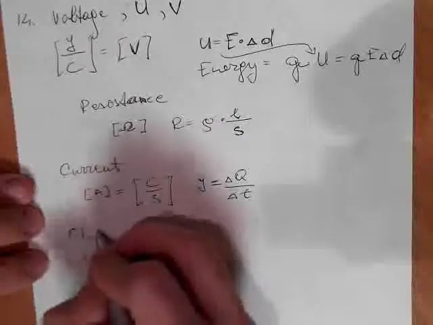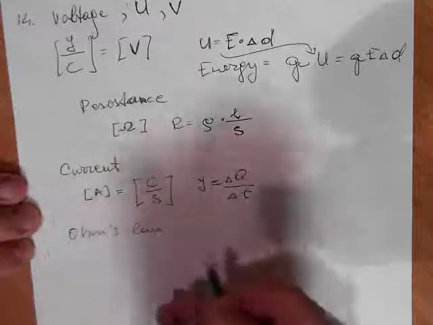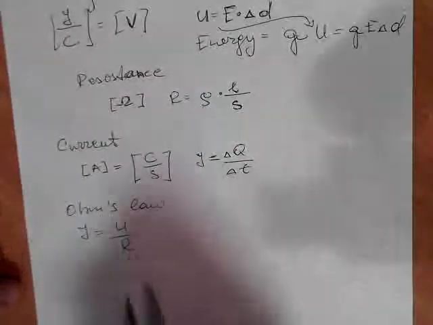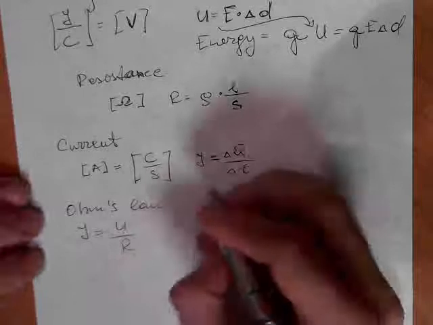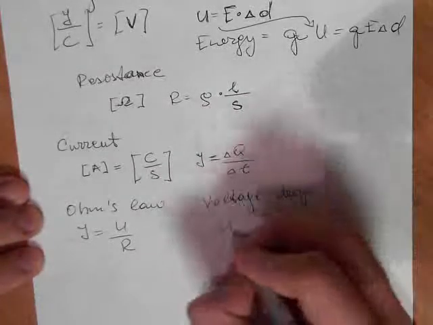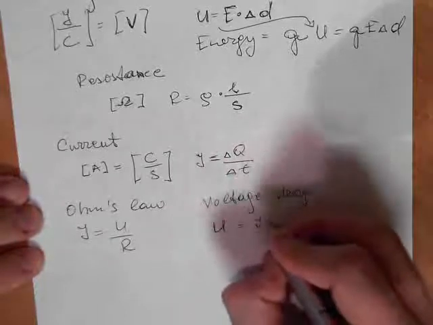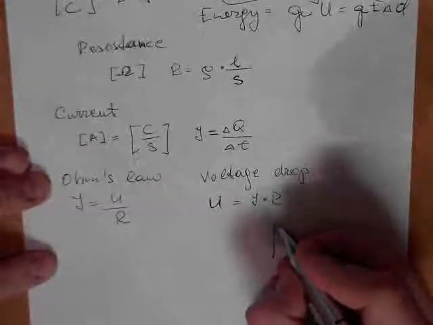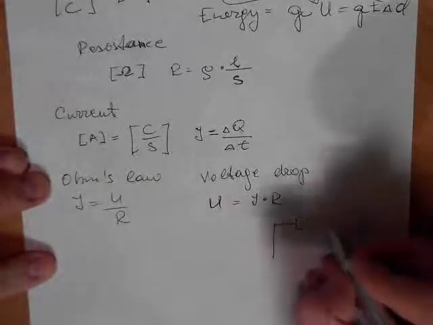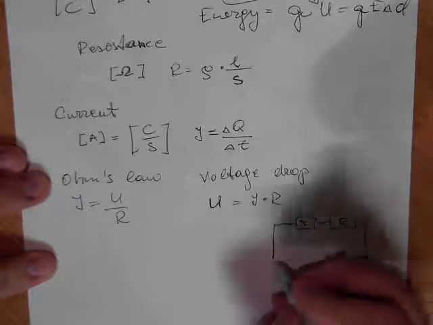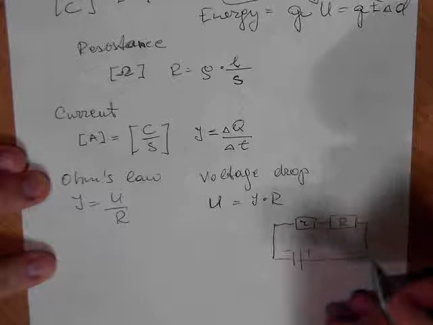Now Ohm's law. Current is equal to U divided by the resistance, and the voltage drop is voltage U equals current times the resistance. When we need to know the voltage drop, imagine you have a small r and a big R, two resistances, and a voltage supply.